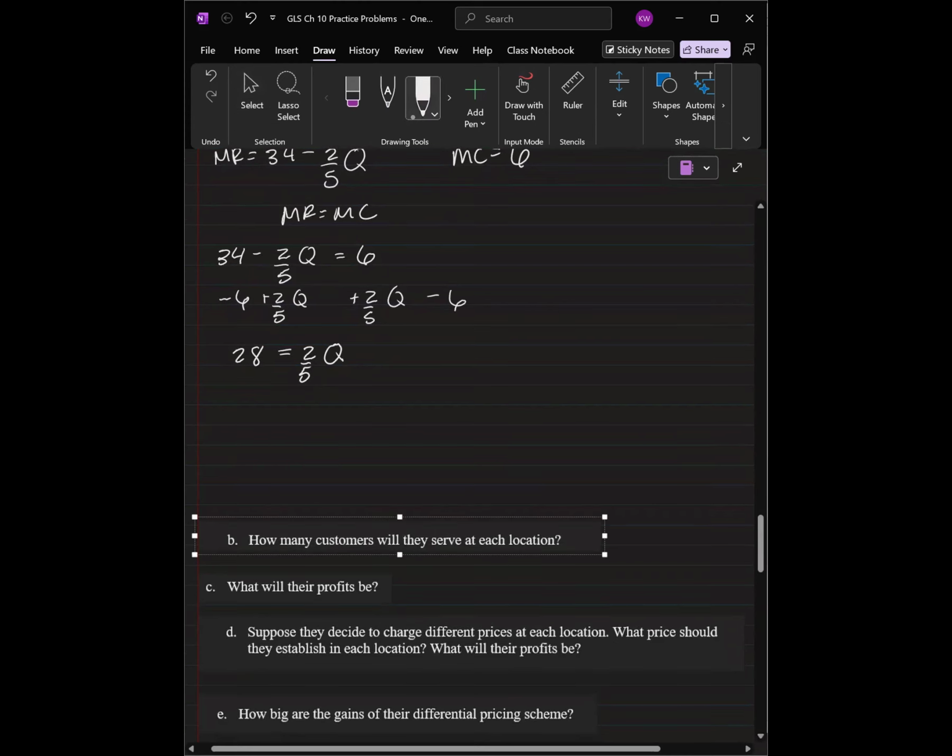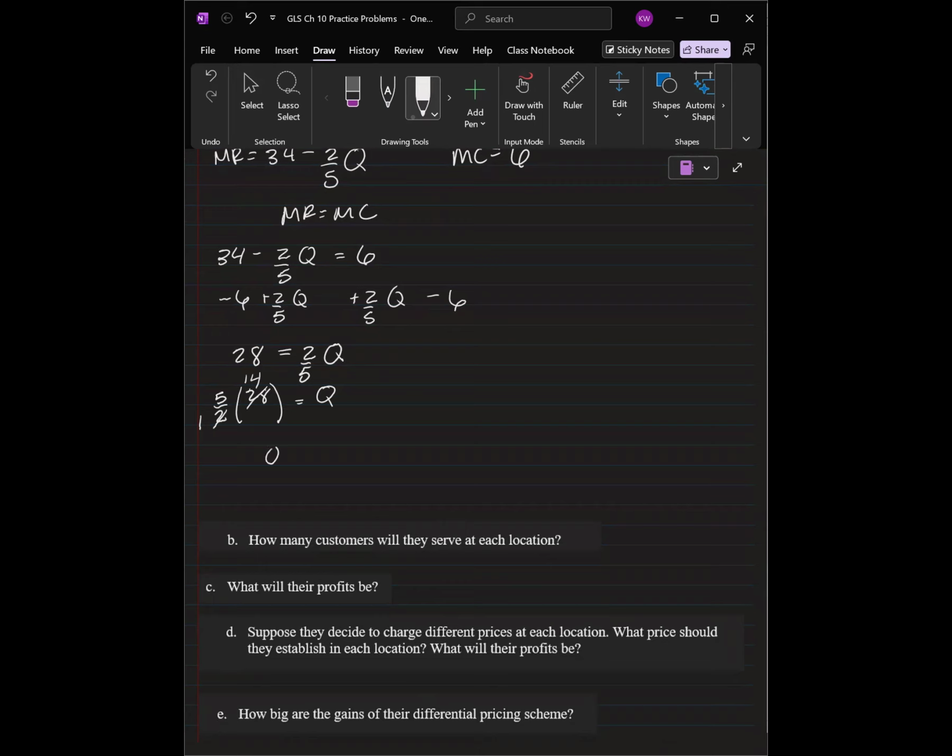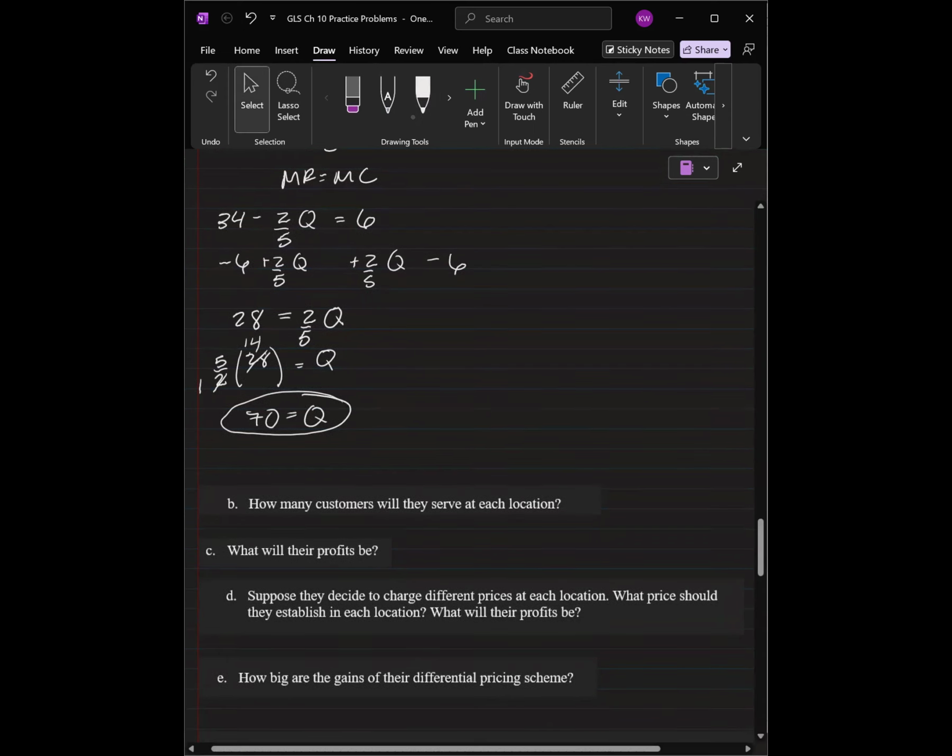Now we multiply both sides by 5/2 to get rid of the constant on Q. So we get 5/2 times 28 is equal to quantity. 2 goes into itself once and into 28 14 times. So we get 70 is equal to quantity demanded on the market. So in total, Camellia Grill is going to produce 70 meals.